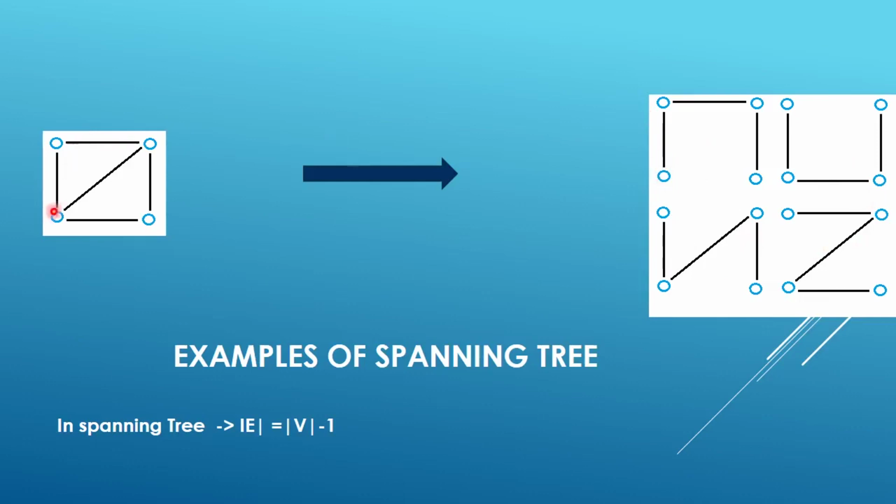You can start from any one node and connect to another node, and this node also I connected, and from here I can connect to this node, the third node also I connected. And remember, I can't connect back like this, first of all this gives you a cycle, and this node is already added. And finally I can connect to this node using this edge.